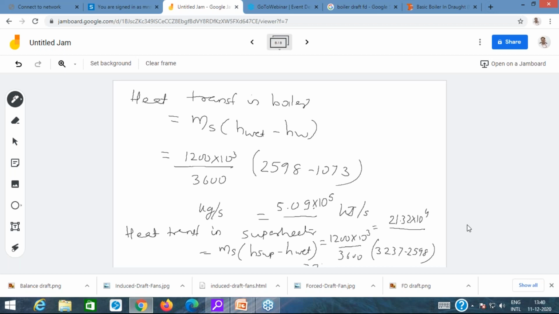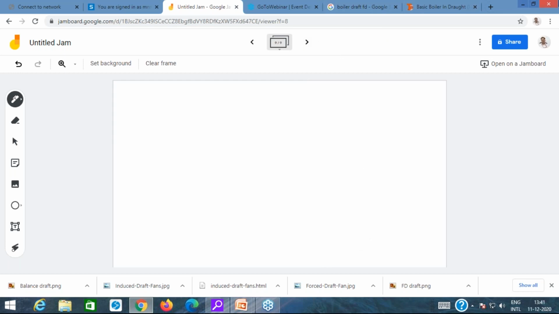Someone is asking me that in the superheated steam table, for every pressure and temperature the values are not given. So for that what to do? For that you need to interpolate. Have you learned linear interpolation in mathematics? Sharvari, I'm asking you. If I want to get the value in between, you need to interpolate it. See, interpolation means what?